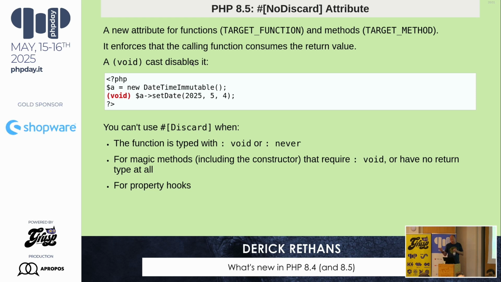You can't use NoDiscard when the function is typed with void or never return types, because it makes no sense. For magic methods, including the constructor, that require void or have no return type at all, like __wakeup and __sleep and stuff like that, you get an error. And you can also not use NoDiscard on property hooks because that makes no sense.